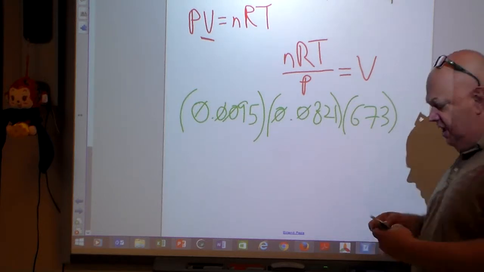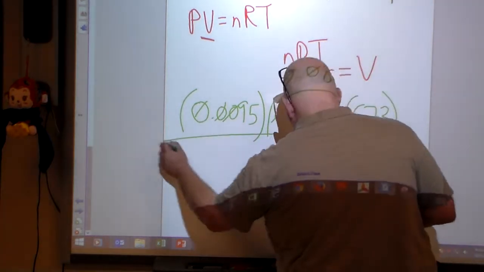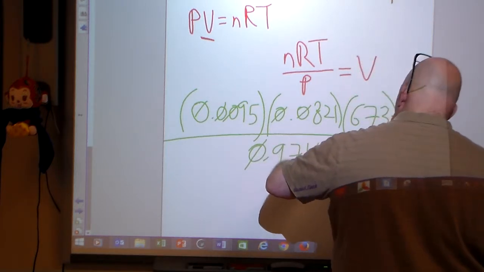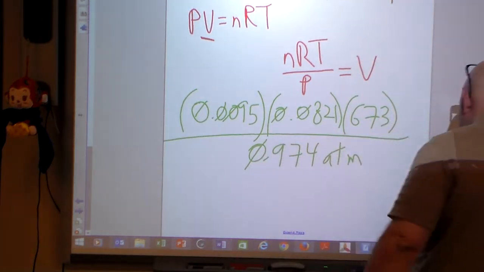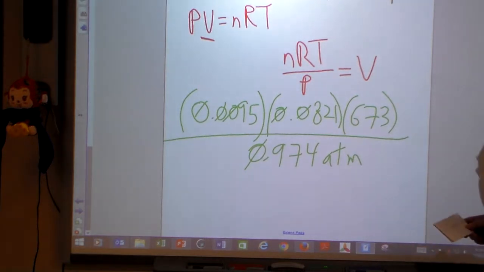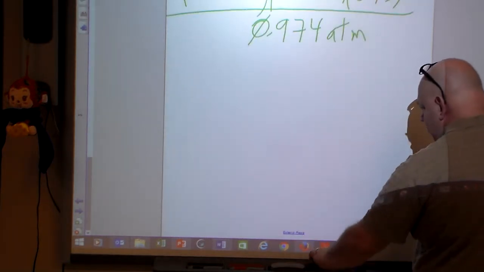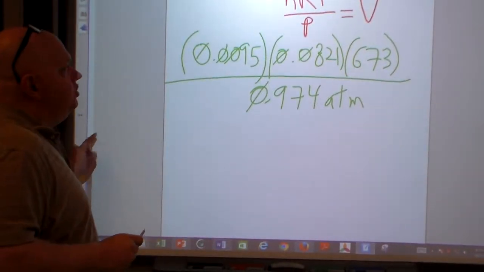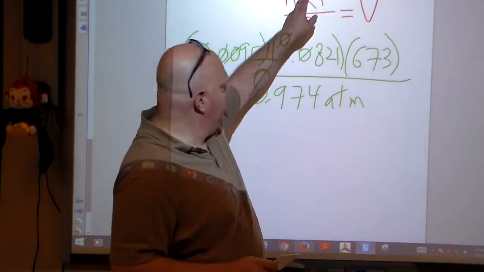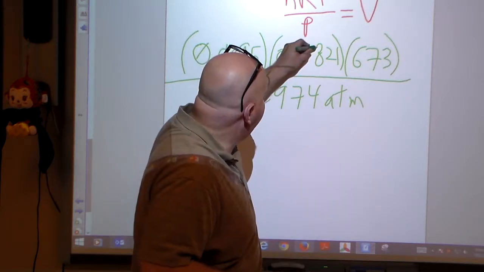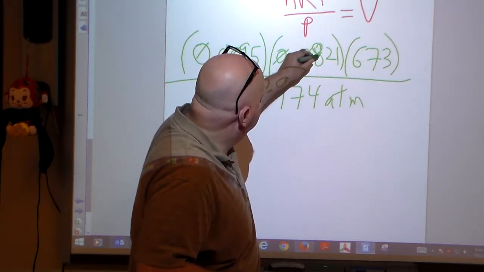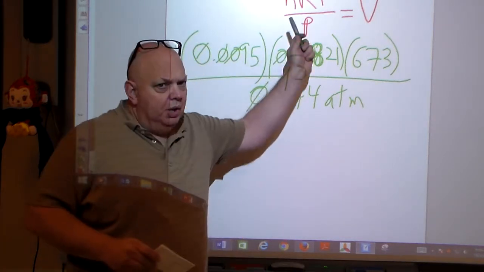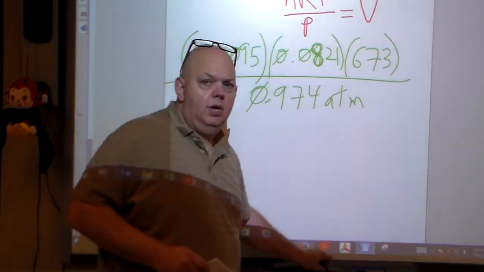This is a 673, all over 0.974 atmosphere. Okay? So, multiplying this out, so we got this, okay? So we're just simply plugging in our values back into our equation here.